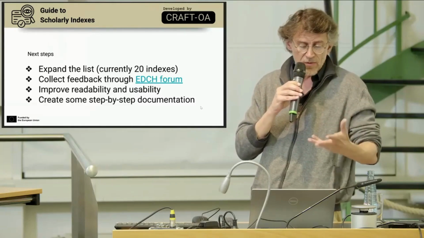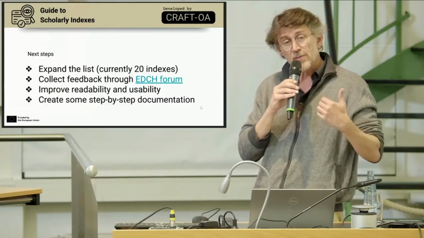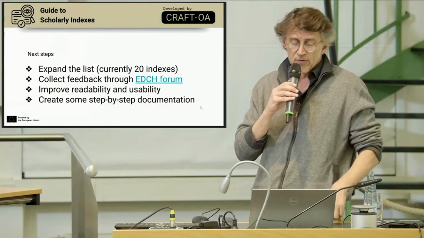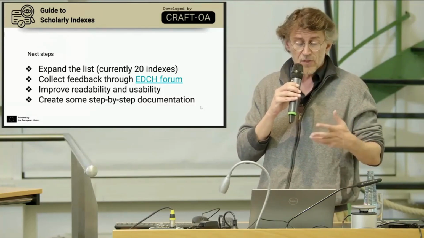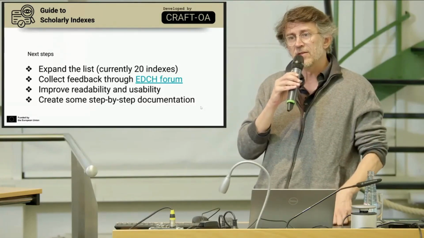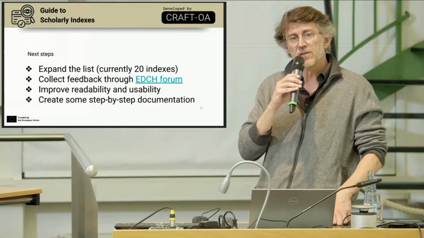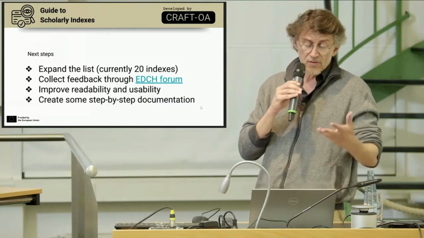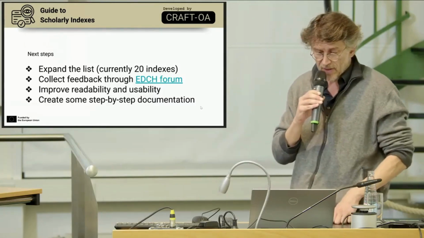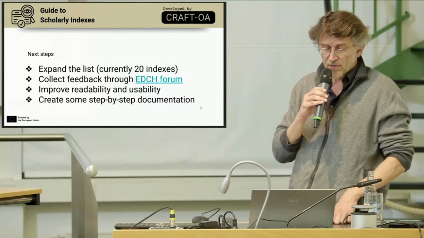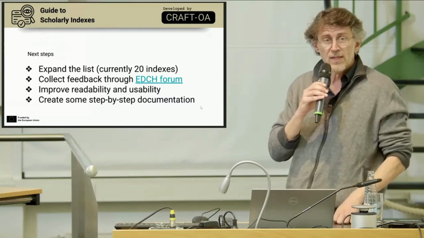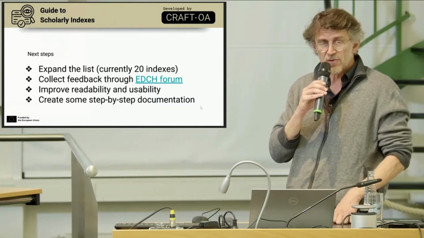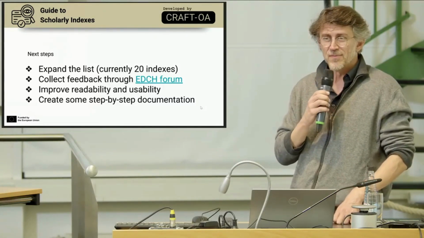It's not the case for the OAJ or OpenAIRE, for instance, but for some other indexes it could be useful, being much more explicit about the requirements of the indexes. So that's where we are, and we have something to validate for the work package, but there is also work to do later, which is nice. Thank you.